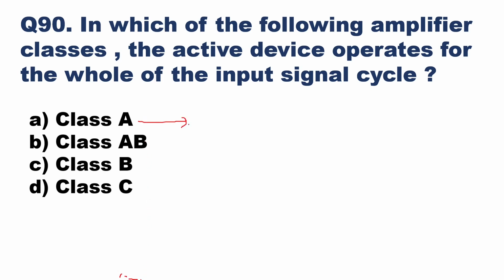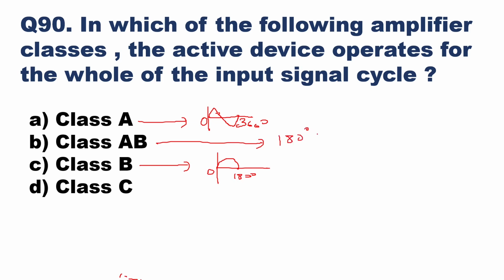Class A will be for the complete cycle, that is from 0 to 360 degrees. Class B will be for half of the cycle, that is from 0 to 180 degrees. Class AB will be in between 180 and 360 degrees. And Class C will be less than 180 degrees.